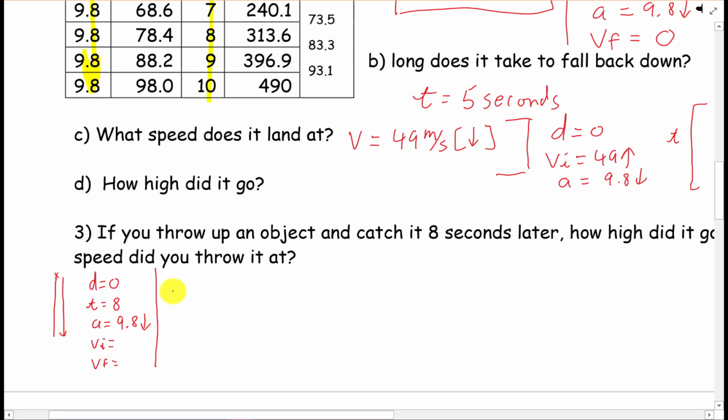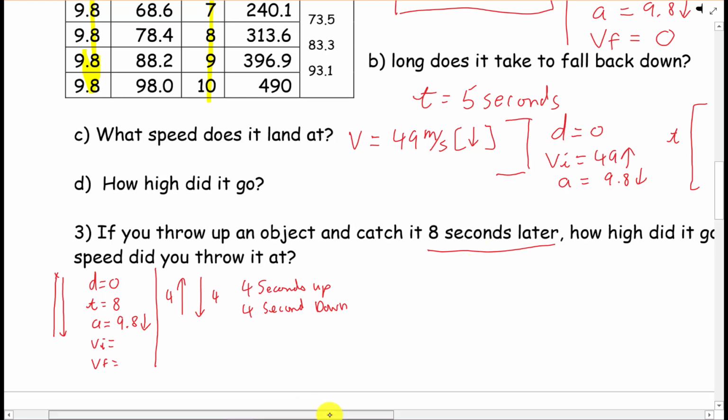We don't have to do this now because it takes 4 seconds to go up and 4 seconds to go down, because it's 8 seconds total. So what you write down there, you go 4 seconds up, 4 seconds down.